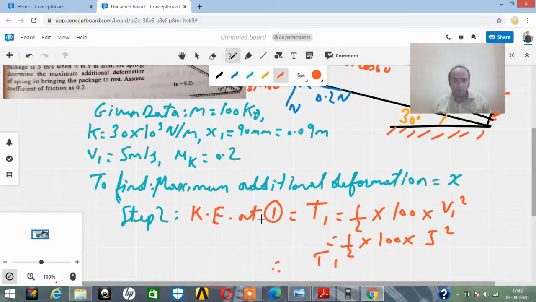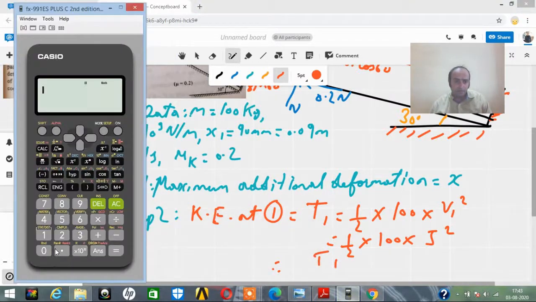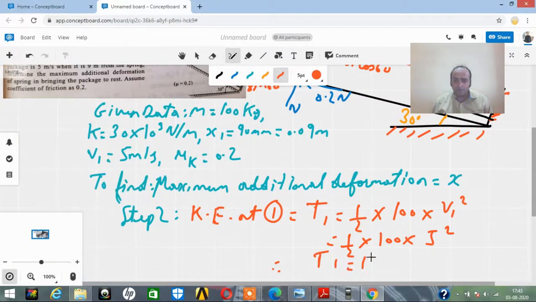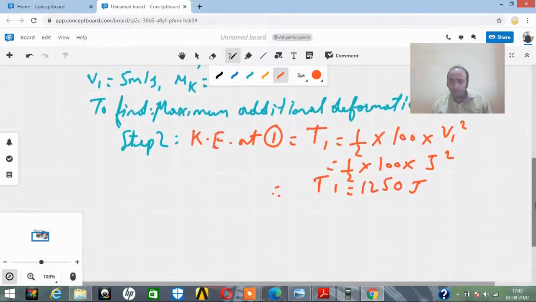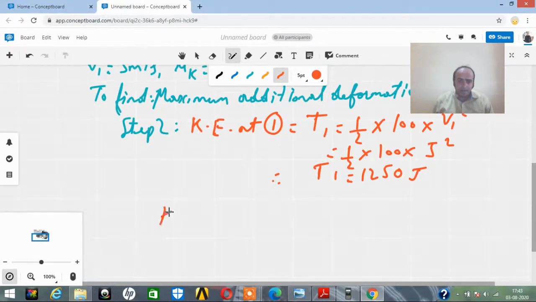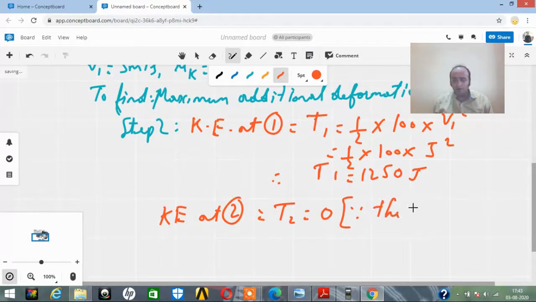Therefore, T1 is equal to 0.5 into 100 into 5 square. Value is 1250 joule. So T1 is equal to 1250 joule. Now let's go ahead with the second value, that is kinetic energy at position number 2. T2 is equal to 0, since the block comes to rest at 2.